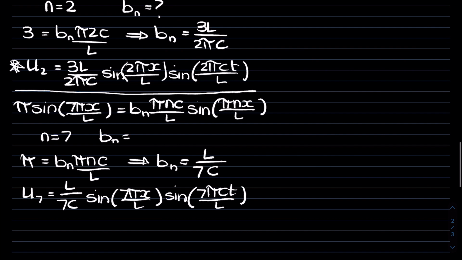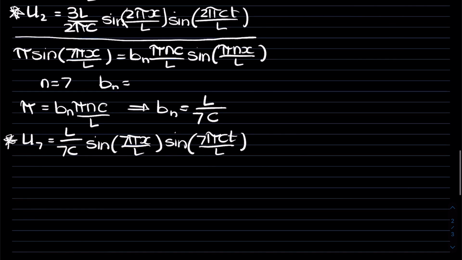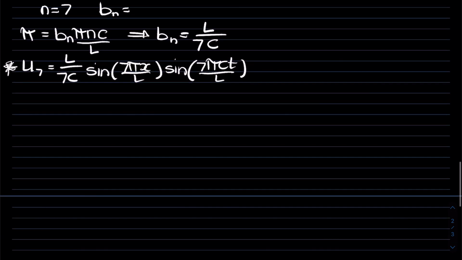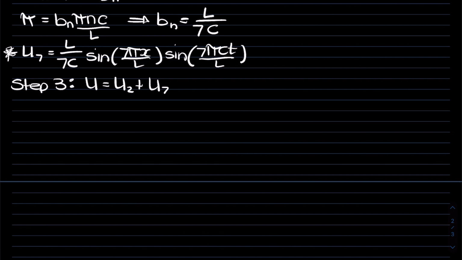So now we have u of 7 and u of 2, we can do step 3, which is simply u equals u of 2 plus u of 7. So we can write that out.